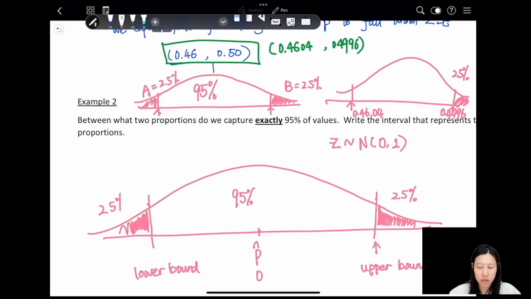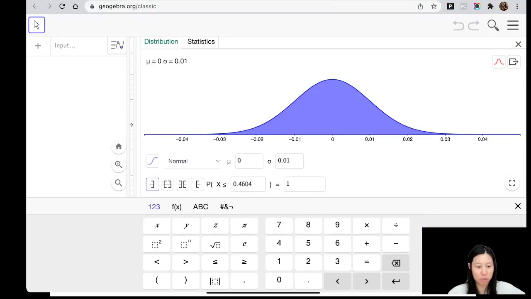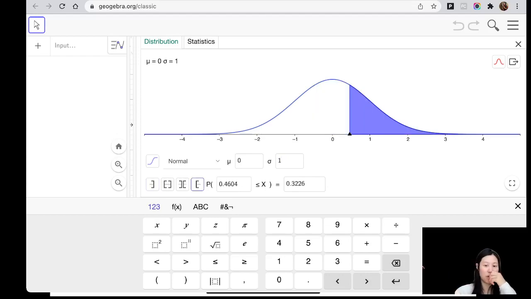So now let's take a look at GeoGebra. Let's let this become a standardized normal distribution. Okay, so this is standardized. Again, in order to catch 95% of the value, we want to find out, hey, what's the 2.5% of the value on the left and another 2.5% value on the right.